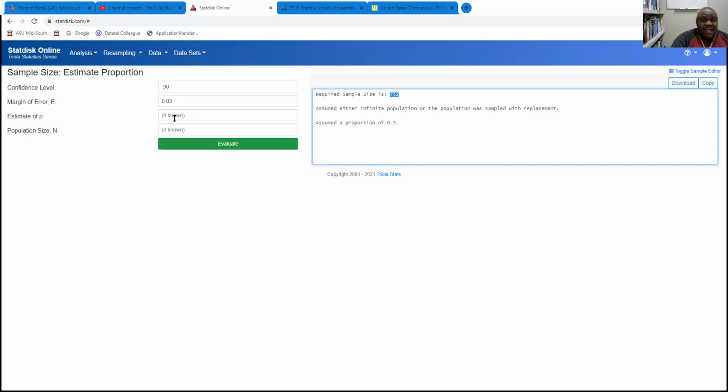But the estimate of p, we need to enter that in, because we are given that 15% of golfers are left-handed from a former study. 15% as a decimal will be 0.15. Population size remains blank. Click evaluate. Now you have a required sample size of 384.